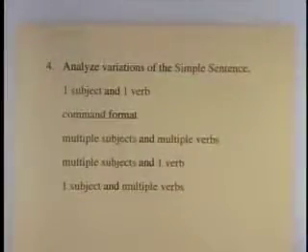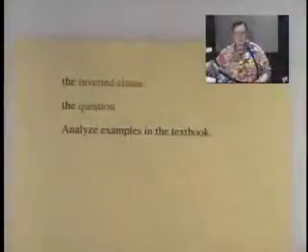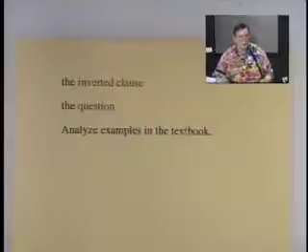And then we're going to start to look at different possible variations for the simple sentence, which include one that has only one subject, only one verb, a simple sentence that's written in command format, a simple sentence that has multiple subjects and multiple verbs, or any variation of that, multiple subjects and just one verb, or only one subject and multiple verbs, and then also the inverted clause, and we'll talk about what that means in just a few minutes, as well as the question.